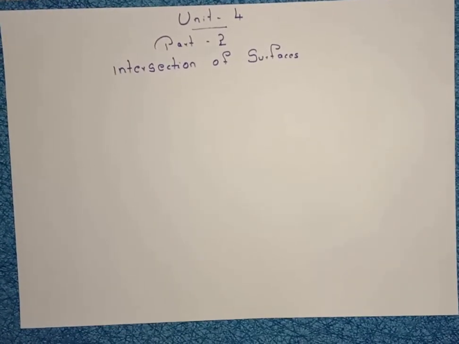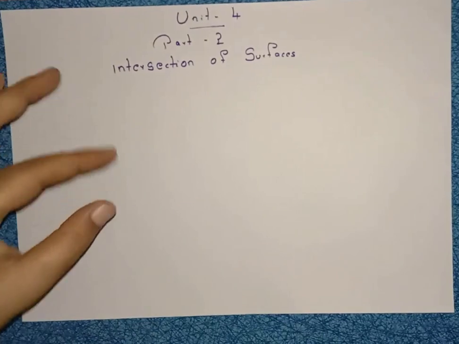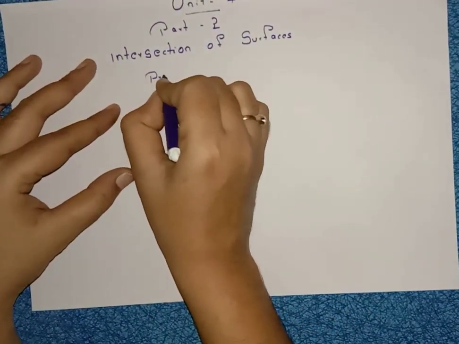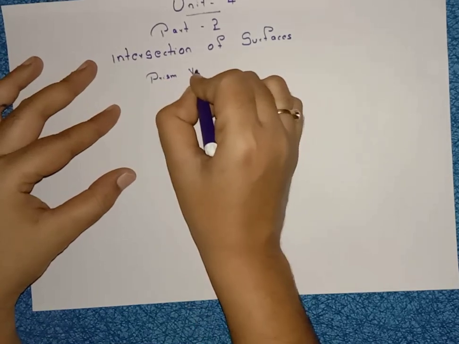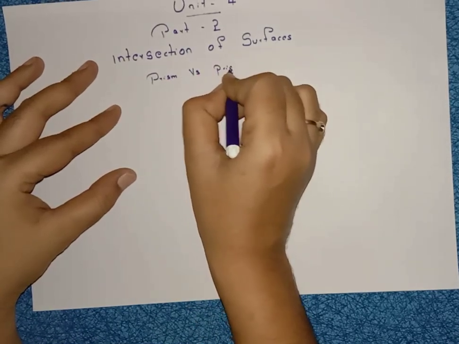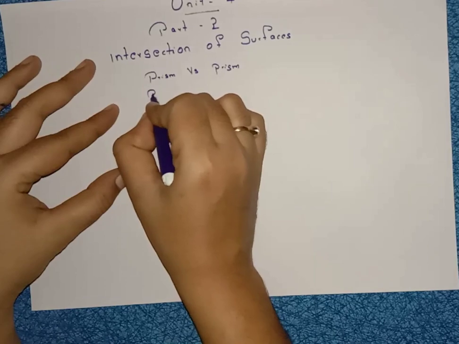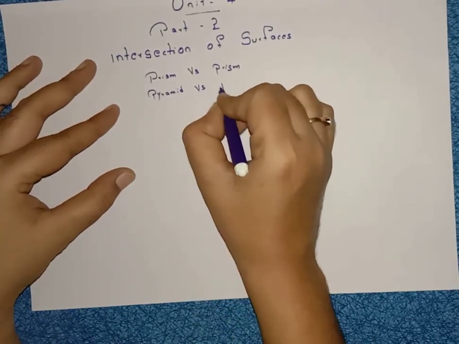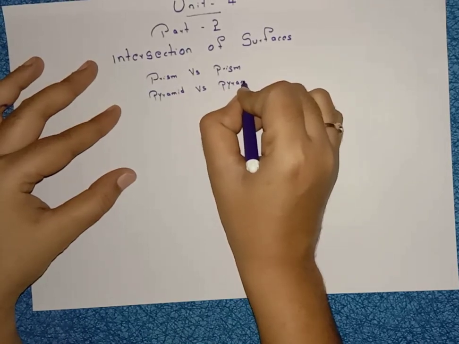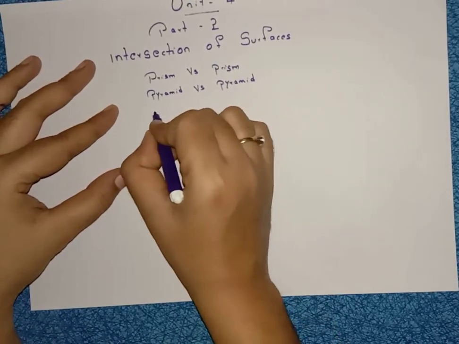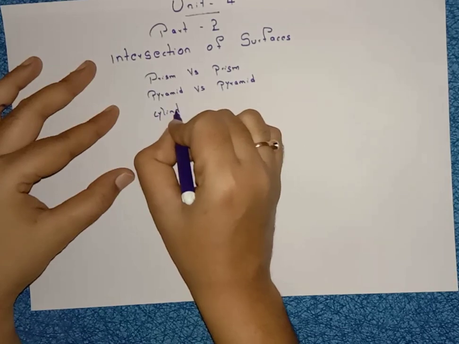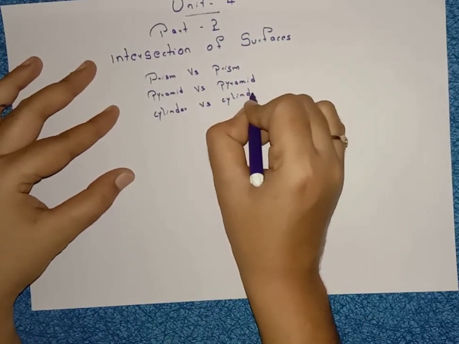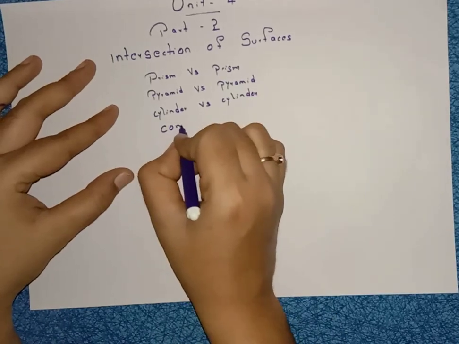In these intersections of surfaces, we take examples such as prism intersecting prism, pyramid intersecting pyramid, cylinder intersecting cylinder, cone intersecting cone.